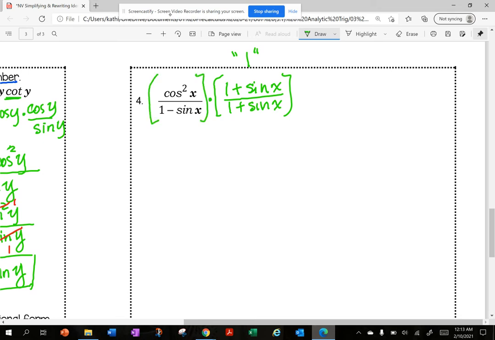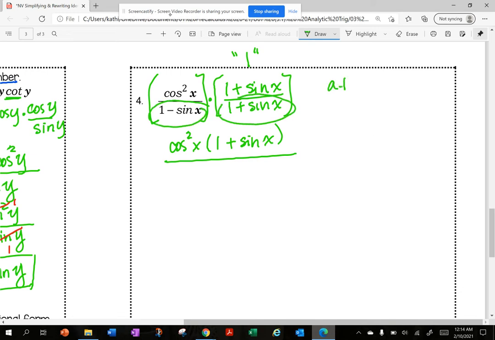So now I have cosine squared of x times 1 plus sine of x. And in my denominator, I'm recognizing that I have a plus b times a minus b, so I'm going to switch this to a squared minus b squared.